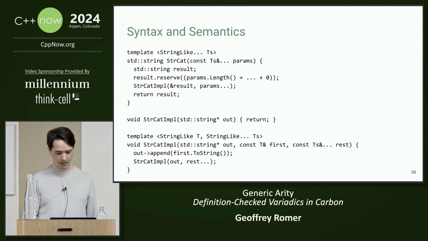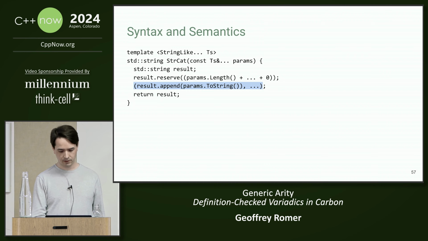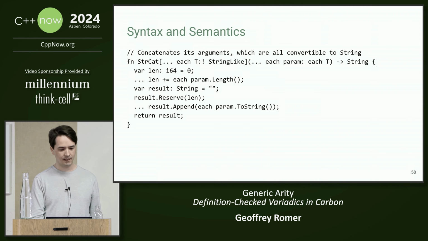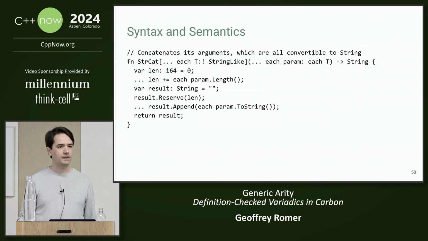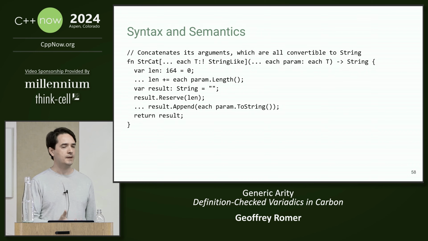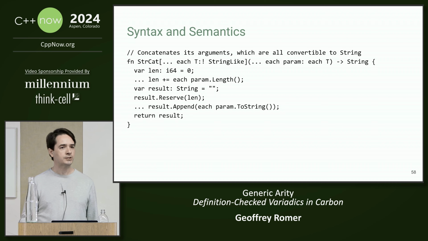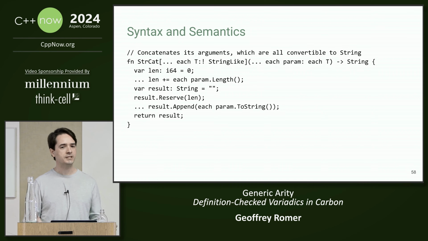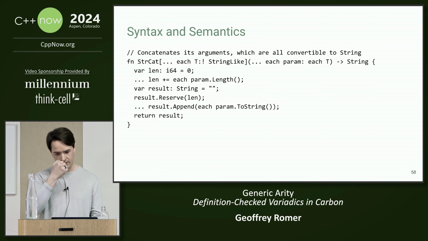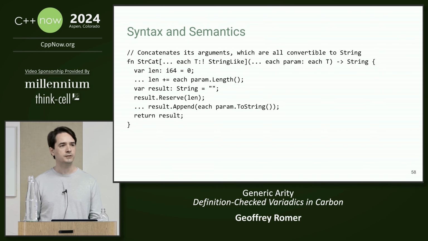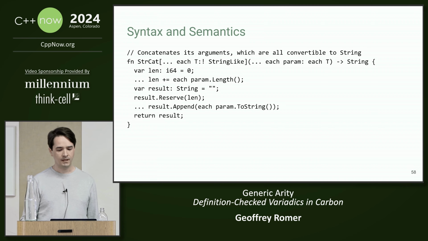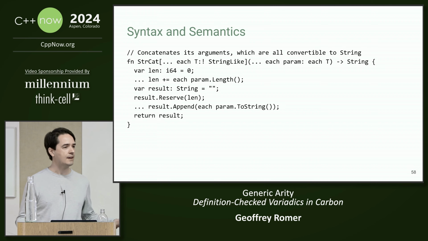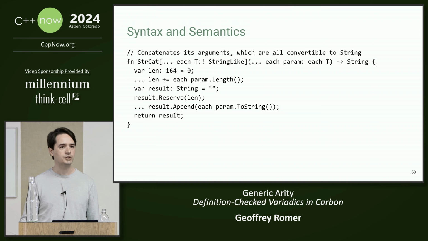I think the more important difference is that Carbon has pack expansion statements as a first-class language feature that we can teach when we're first introducing Variadics, so that you never need to go to recursion in the first place. And so our hypothesis is that by having this, we can make recursive variadics much rarer in practice.